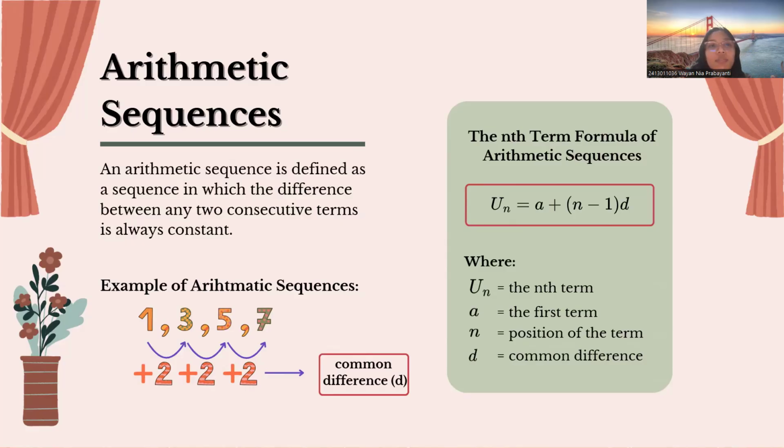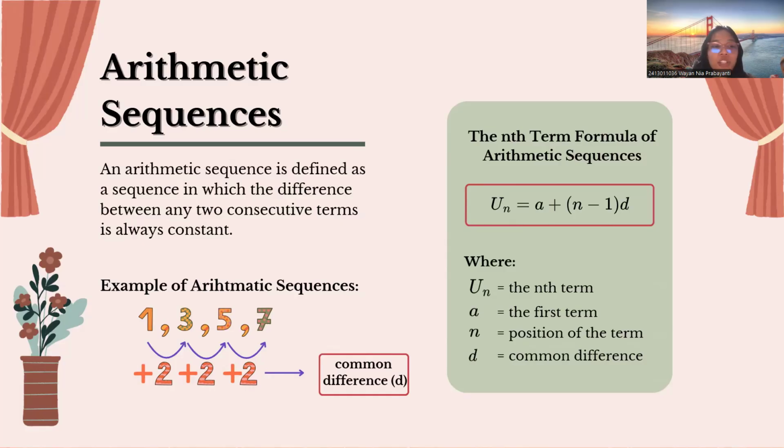So what if I want you to find the fiftieth term of this sequence? How will you do it? It's going to be difficult, right? Do we really keep adding 2 and 2? It will take a really long time. It will take forever. That's exactly why we need to use the arithmetic sequence formula.